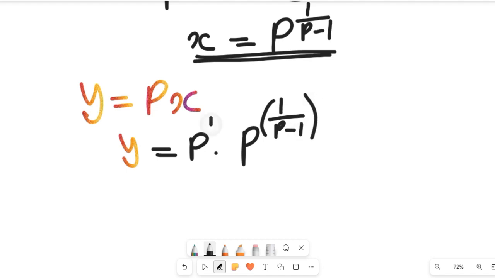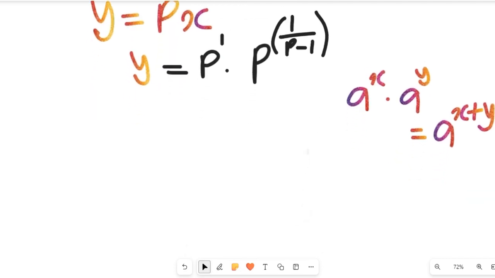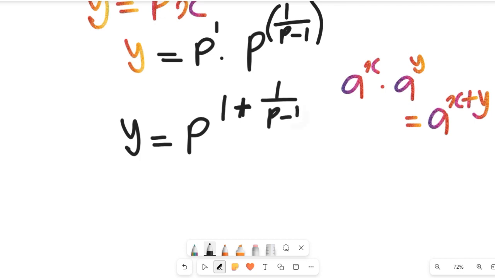Now remember that this p is p to the power of 1. Recalling the law of indices, that if you have a to the power of x multiplying a to the power of y, this can simply be equal to a to the power of x plus y, right? So that can be simplified. If we simplify that, we are going to have our y equal to p to the power of 1 plus 1 divided by p minus 1.